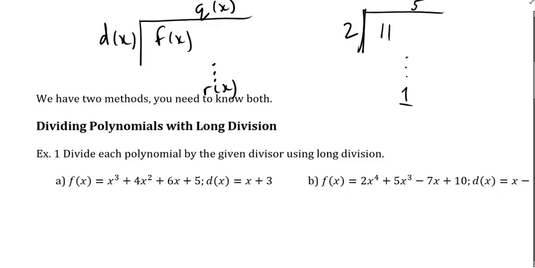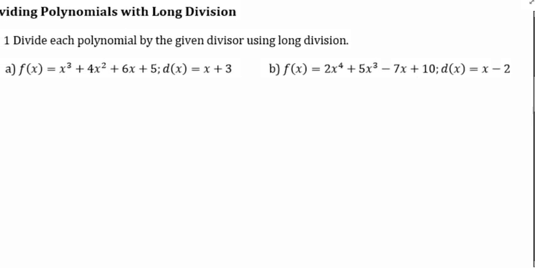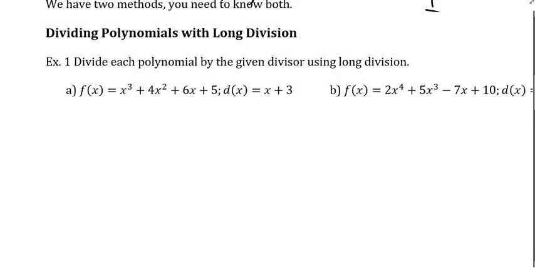Okay, so two methods that we're going to learn how to do it. You will have a favorite. I have a prediction of what your favorite is, but you need to know both. First one we're going to look at is called long division, like I said. So let's get started. Divide each polynomial by the given divisor using long division.